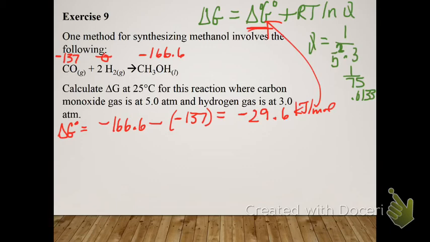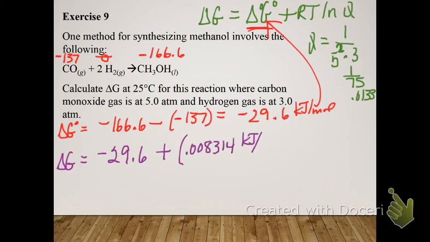So now we plug everything in. Delta G equals negative 29.6 plus our R value, which I'm going to take in kilojoules because that's what I'm already in, times 298 times the natural log of 0.0133.